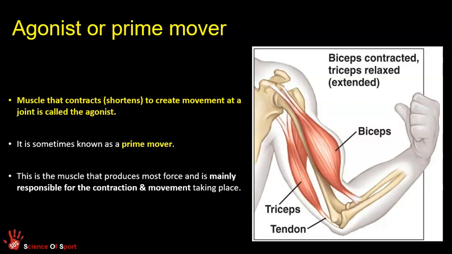These are the main bits that you definitely will need to be able to identify and describe in your question 12s. So the agonist or the prime mover are muscles that contract, typically shorten but not always, to create movement at a joint. So they're responsible for the contraction and the movement.